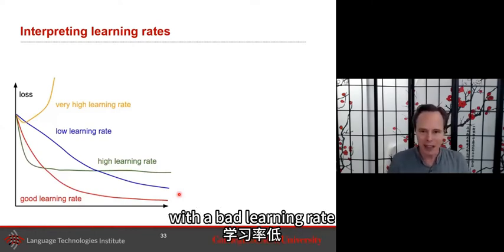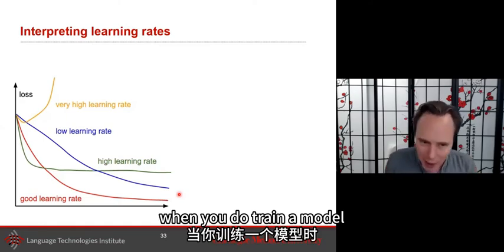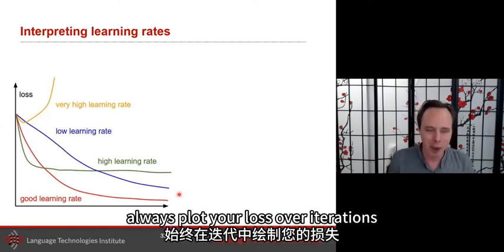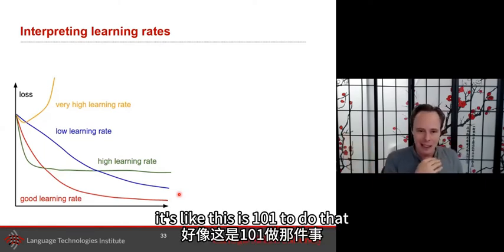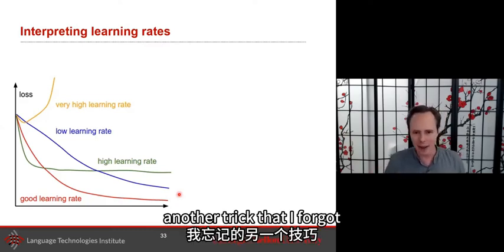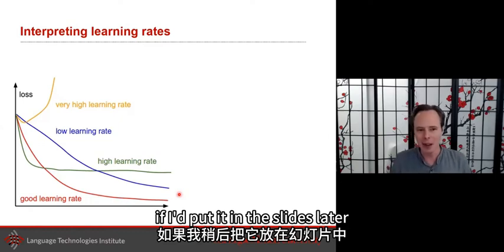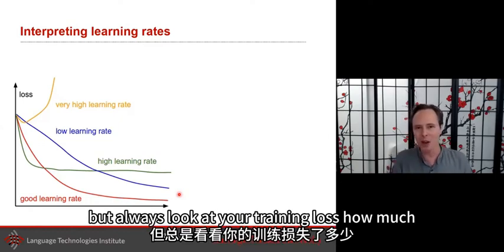And so you can show empirically the difference of a good learning rate with a bad learning rate. When you train a model, always plot your loss over iterations. This is 101. Another trick that I forgot if I put it in the slides later: always look at your training loss.